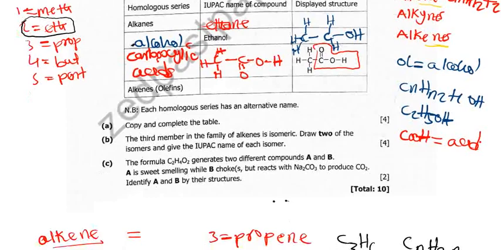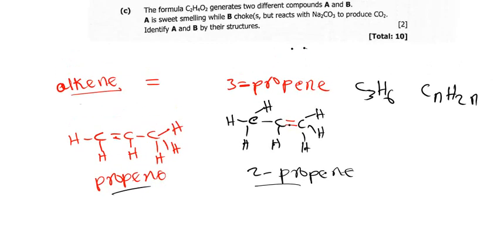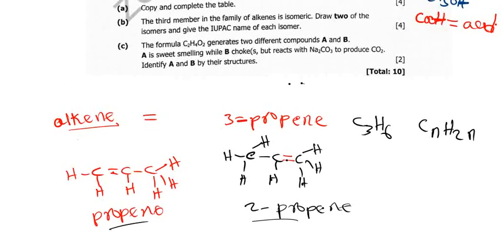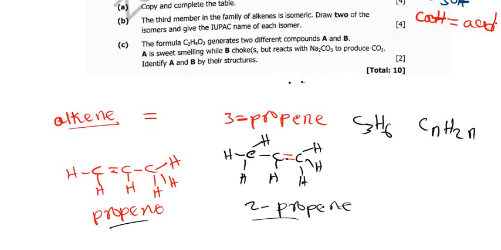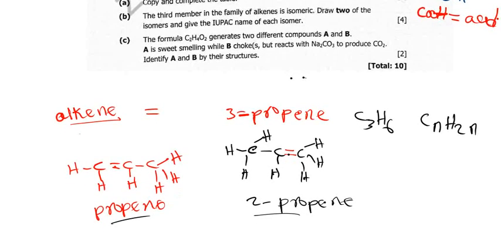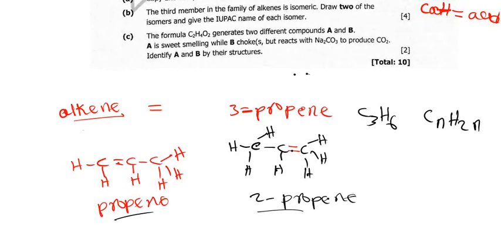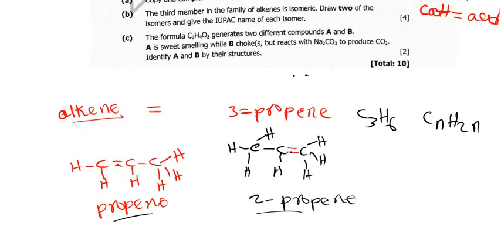Alright. When you are dealing with organic chemistry, wherever you see a compound which is sweet smelling, just know that this is an ester, because esters are used in forming deodorants, perfumes and so on. So A can already be said to be an ester.